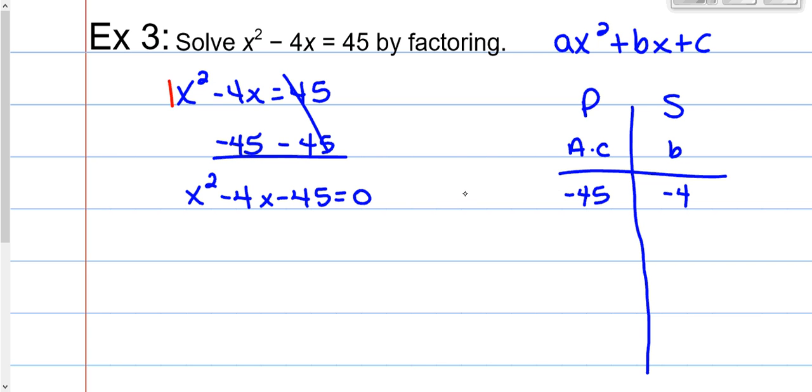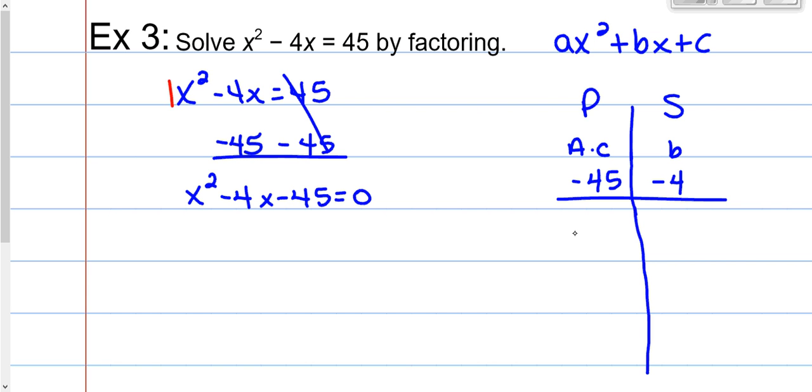And I guess that little line right there should probably be moved. Let's fix that real quick. So we have negative 45 and negative 4. So we want numbers that are going to give us a product of negative 45 and a sum of negative 4.